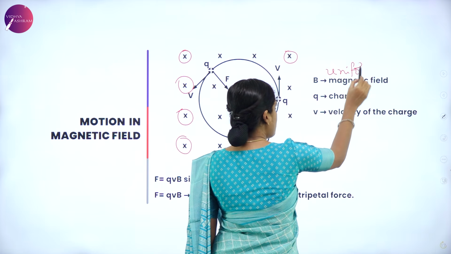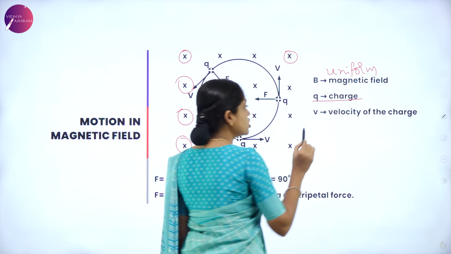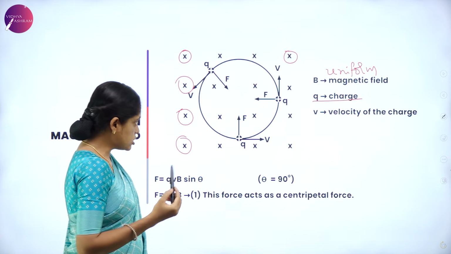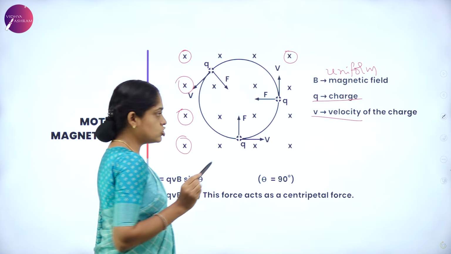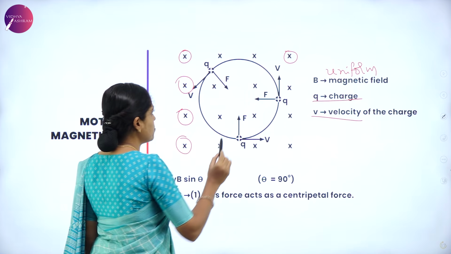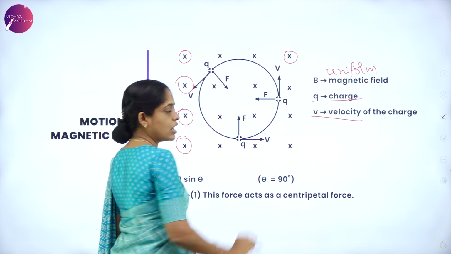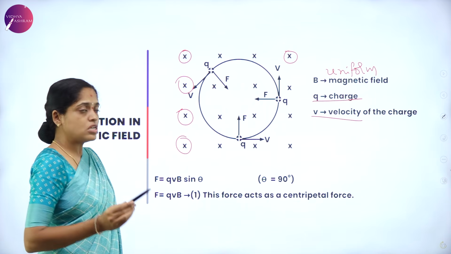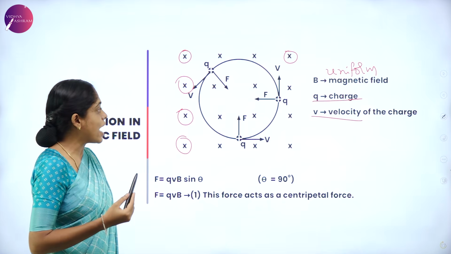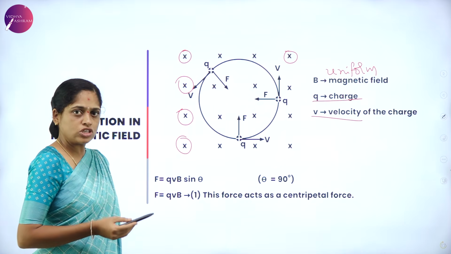In a uniform magnetic field, the charge Q is moving with the velocity, and the direction of velocity is perpendicular to the direction of magnetic field. Now, what is the direction of force acting on this moving charge?